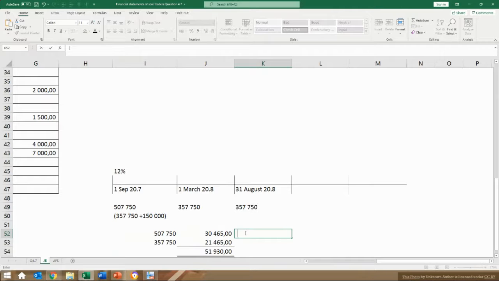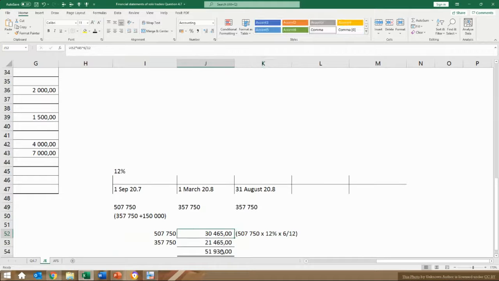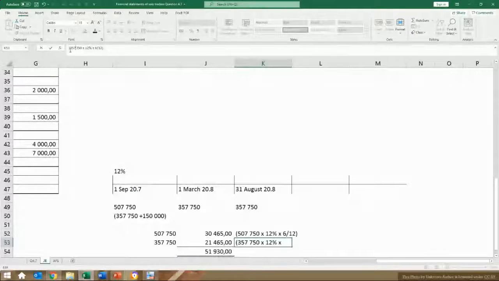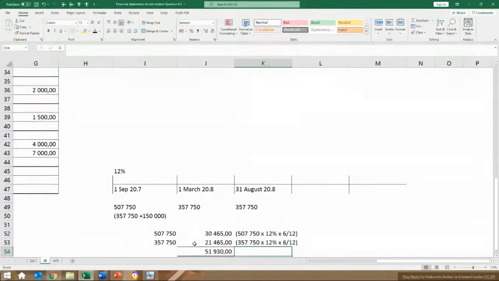So how I would calculate the interest is I would take the 507,750, multiply with 12%, multiply with 6/12, to give me the interest of 30,465. Then for the remaining 6 months, I would work out the interest amount on the 357,750 to get to 21,465.